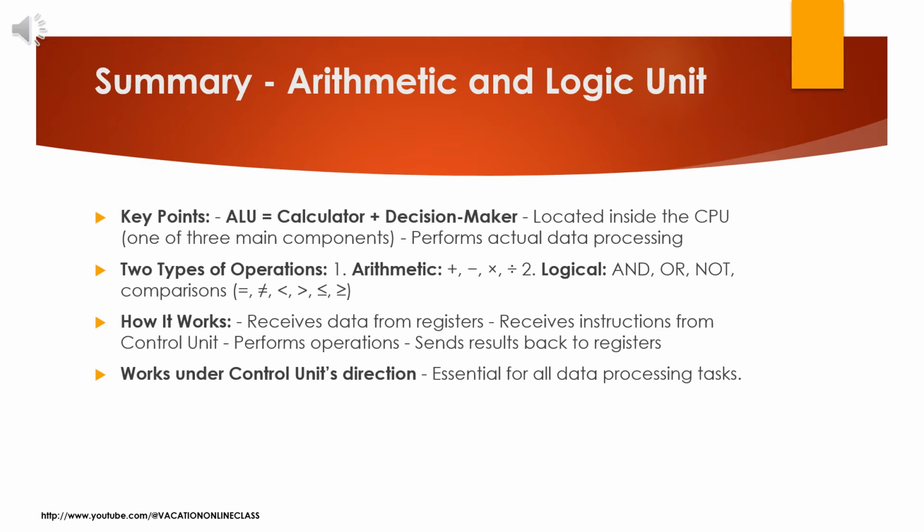First, there are arithmetic operations, covering your basic math like addition and subtraction. Second, there are logical operations, which include Boolean logic and all comparisons like greater than or equal to, that allow a computer to make decisions.